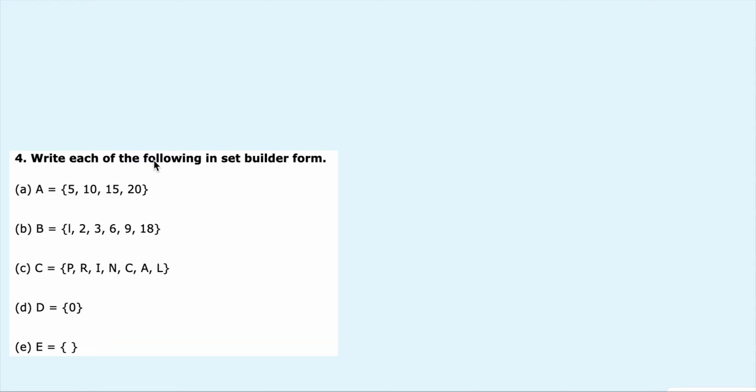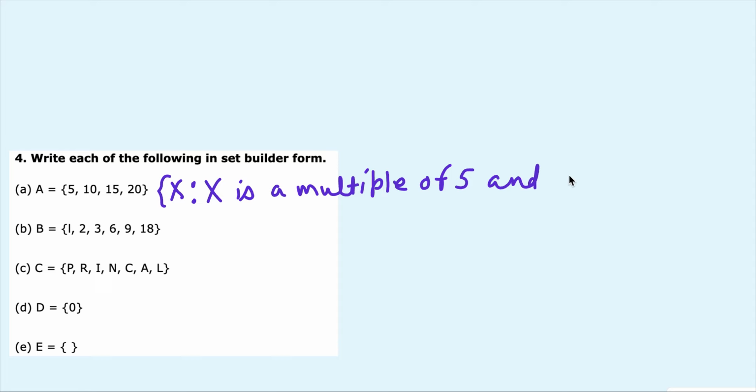So what we are going to do is put a brace again and say x such that x is a multiple of 5 and it is also 5 less than or equal to x, which is less than or equal to 20.